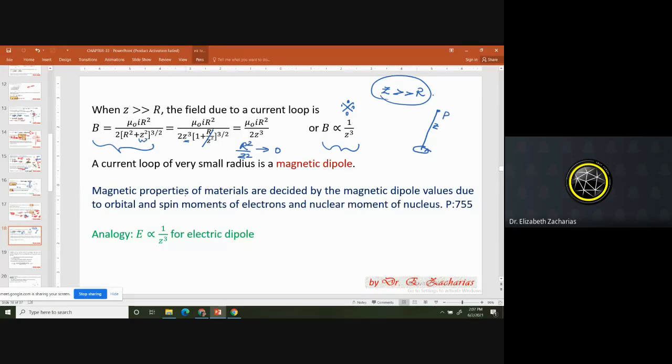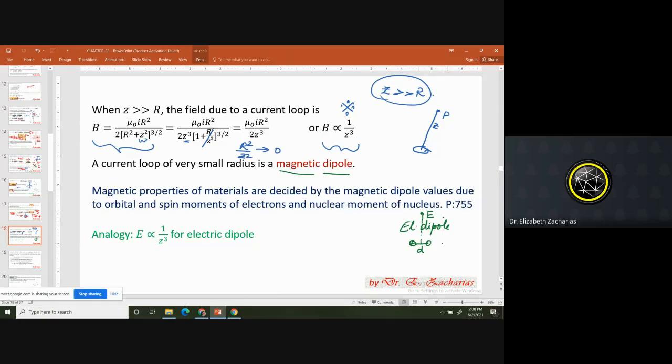Now these kinds of tiny loops, where the magnetic field is proportional to the cube of the distance, are called a magnetic dipole. Do any of you remember electric dipole? What's an electric dipole? An electric dipole is an entity where you have a positive charge and then a negative charge separated by a distance d, and then you took a point and found out what is the electric field at this point.